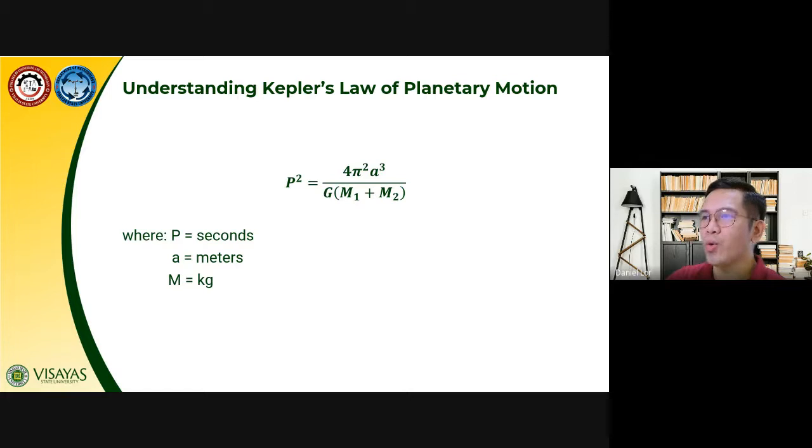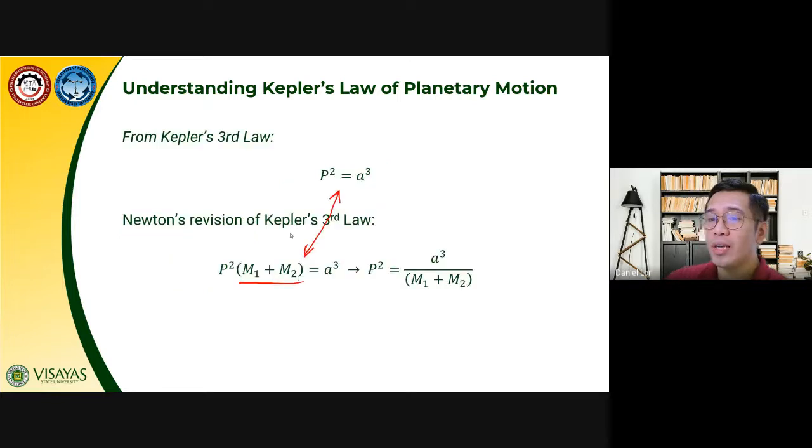Newton also showed that this equation may be expressed in physical units because, in his equation, our P is in years and our A here is in astronomical units.